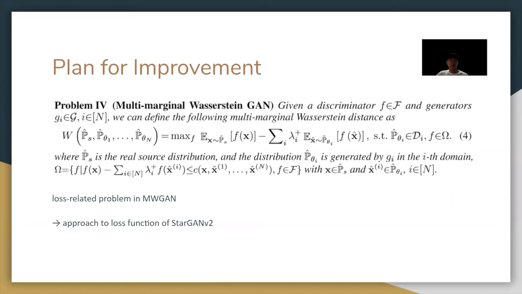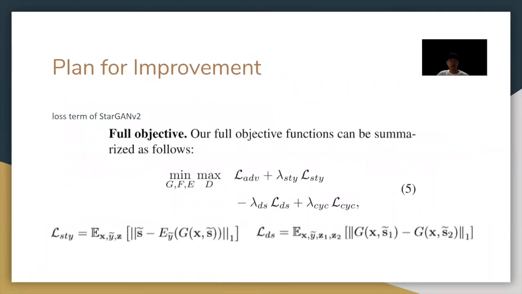Our goal of improvement was to bring the multi-marginal Wasserstein distance idea into StarGAN version 2. Multi-marginal Wasserstein distance is simply the weighted sum of the output adversarial loss of each generator corresponding to different styles. The original loss term of the StarGAN version 2 paper is captured here.